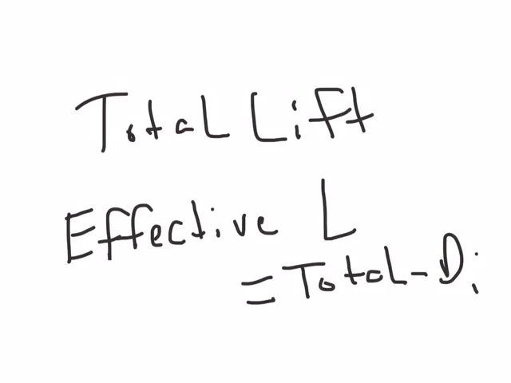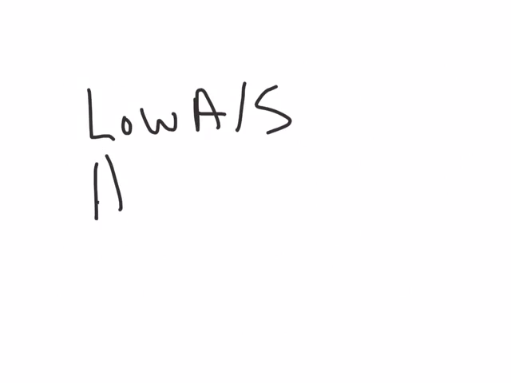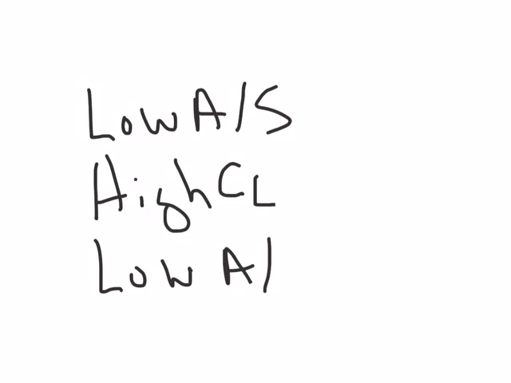So your most critical condition is low speed, high CL, low aspect ratio aircraft. Critical phase of flight. If you look at page 69, they're going to give you a summary of induced drag.